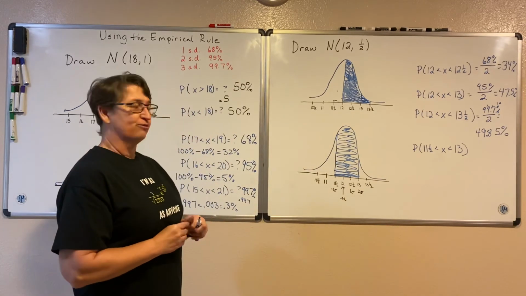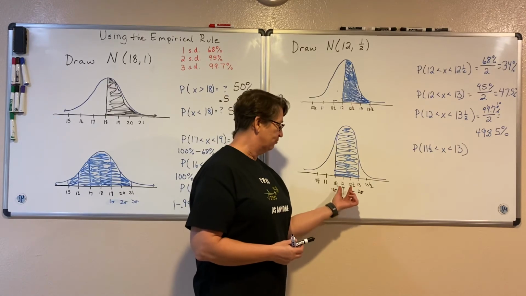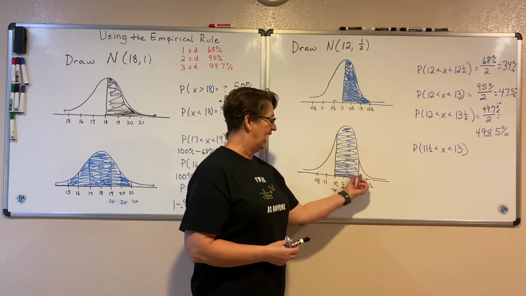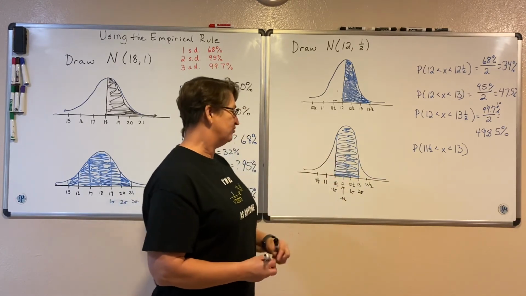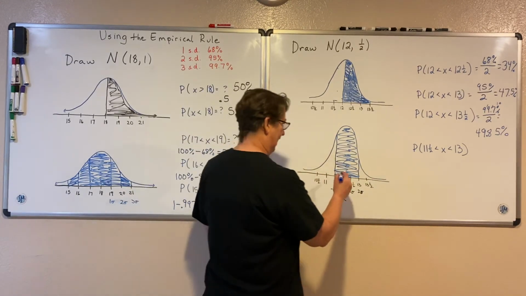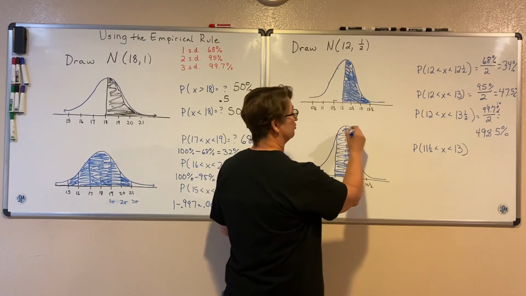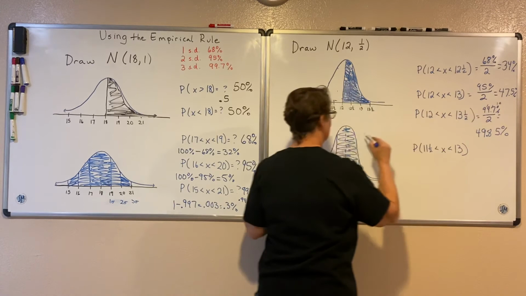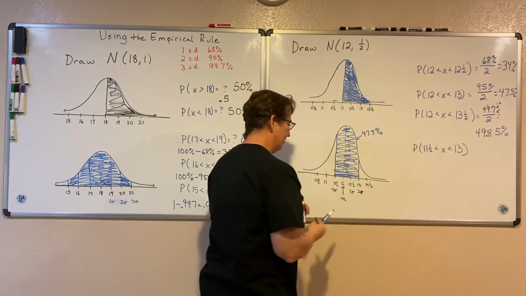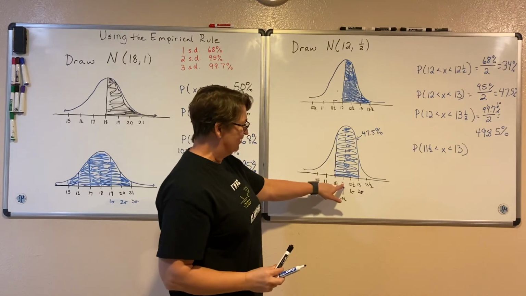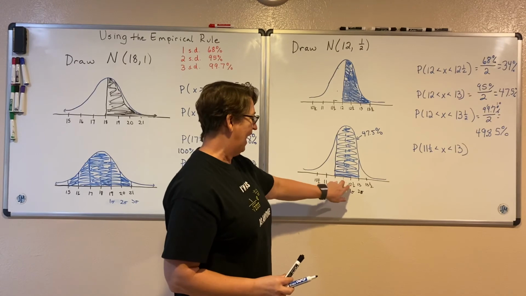So there's several different ways, and people do it different ways. Maybe you look at this and you say, well, I know this part is 68%, and then I add whatever that little piece is. But from above, we've done a few of these pieces. We know that between 12 and 13, that's 47.5%. And then between 11.5 and 12, well, that was the same as doing between 12 and 12.5.